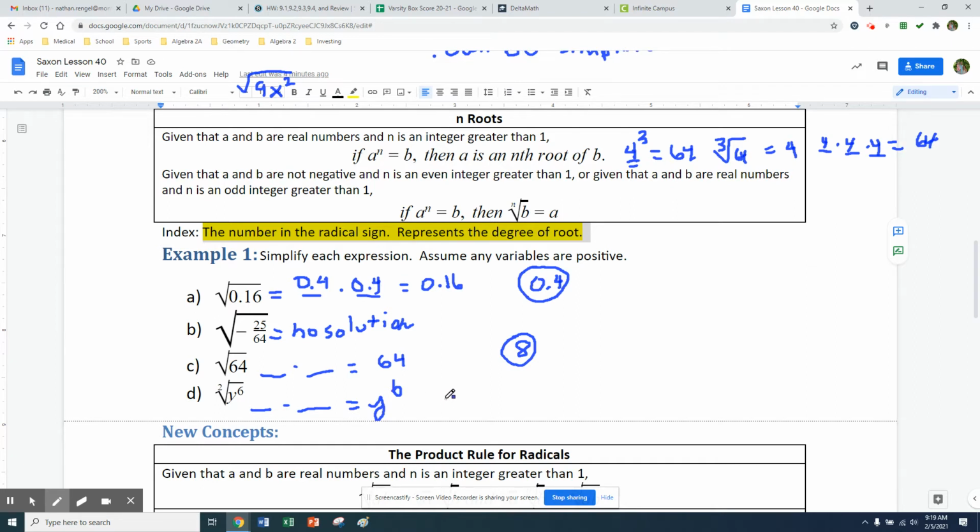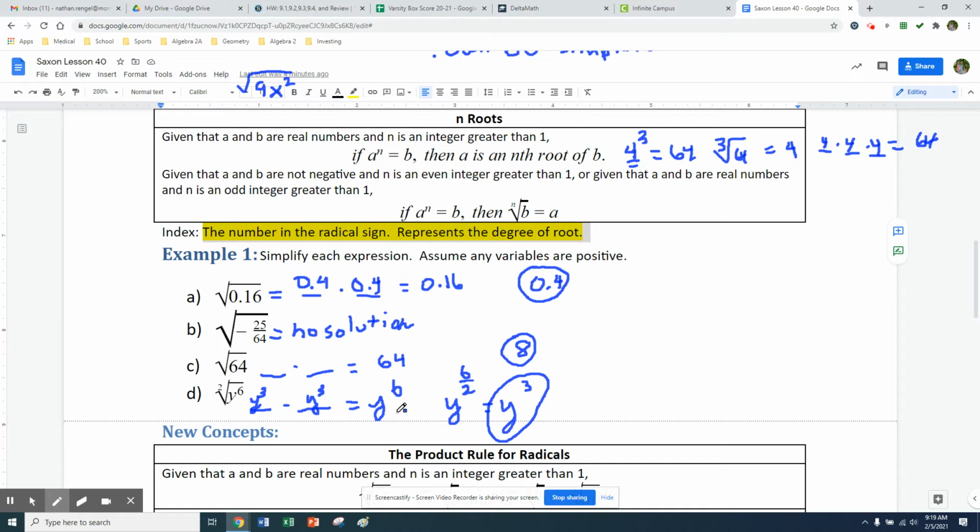So really what I could do is take whatever that exponent is and cut that in half, and that is going to be my result. So if I take y to the 3rd times y to the 3rd, that's going to equal y to the 6th, because 3 plus 3 adds to an exponent of 6.